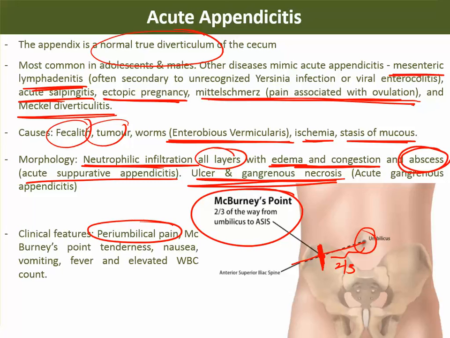That is called rebound tenderness, and that is a characteristic feature of acute appendicitis. That is called McBurney's point tenderness, and they produce nausea, vomiting, fever, and WBC will be elevated in the blood.